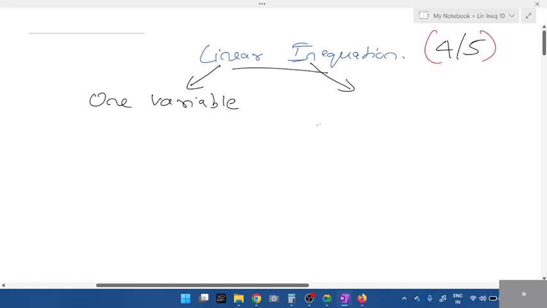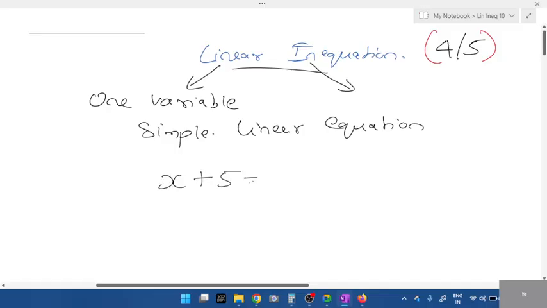Inequation. Before we start inequation, let us revise a few equation concepts. Linear equation. Do you all know simple linear equation? If I give a question like this, x plus 5 is equal to 10, Anam and Lindsay, answer this. How do you find x, students?